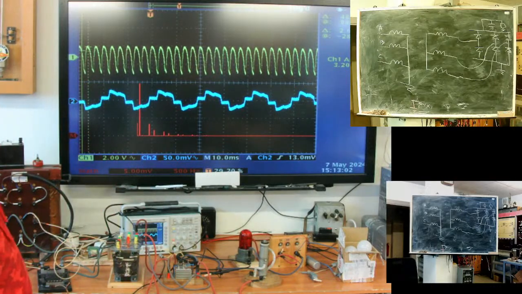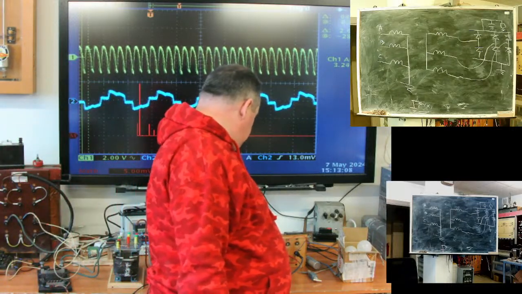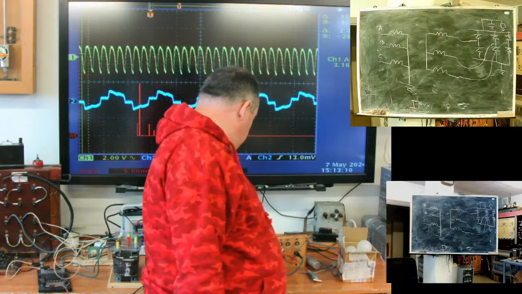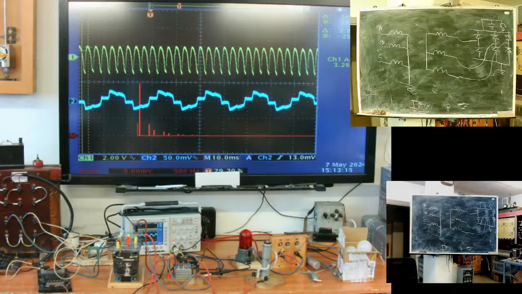What do I have here? My transformer with a 3-phase rectifier loaded with a 10 ohm resistance. What about the course of power electronics?